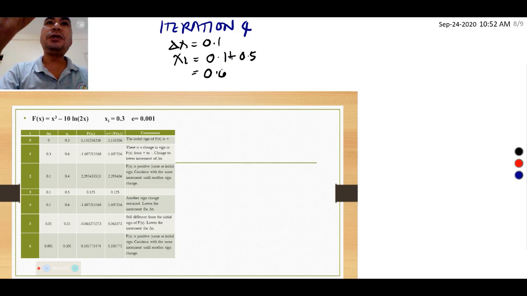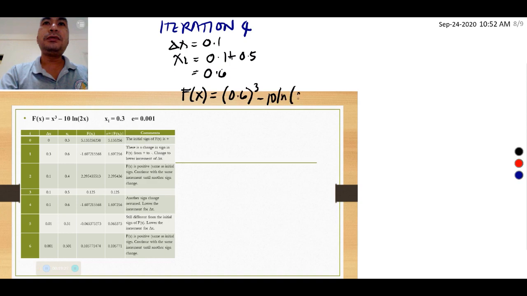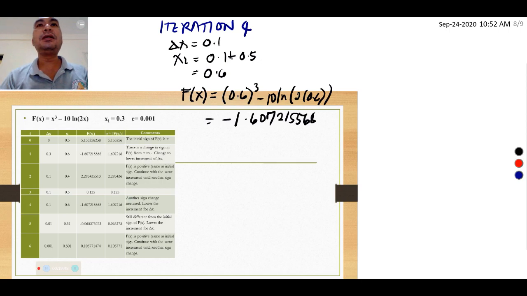Substituting the value of 0.6, our f of x will be equal to 0.6 cube minus 10 ln of 2 times 0.6. Again, in substituting the value, the answer is negative 1.6072 15568.